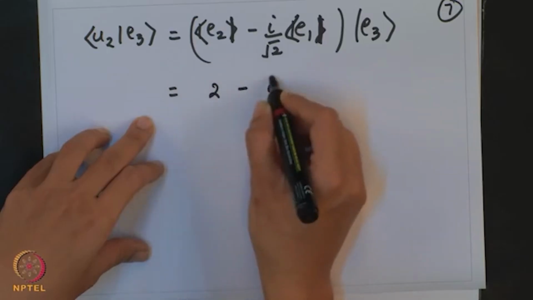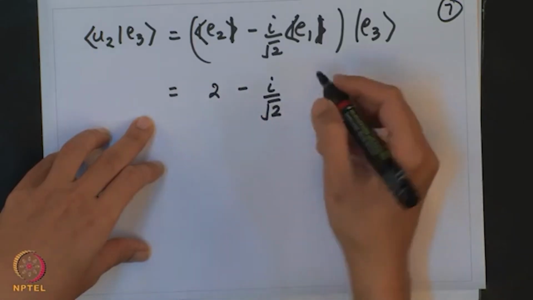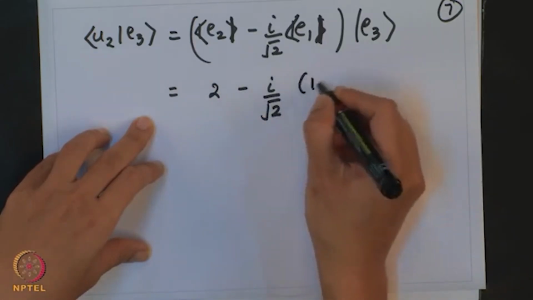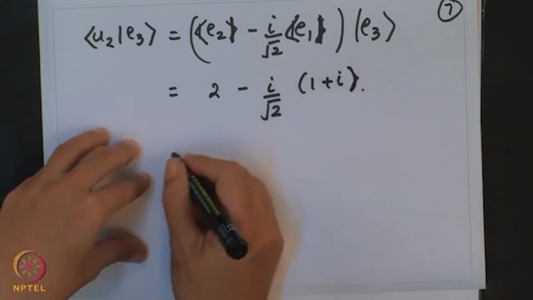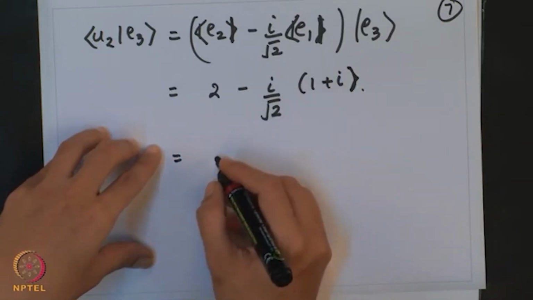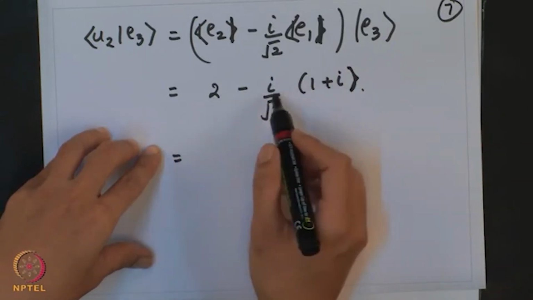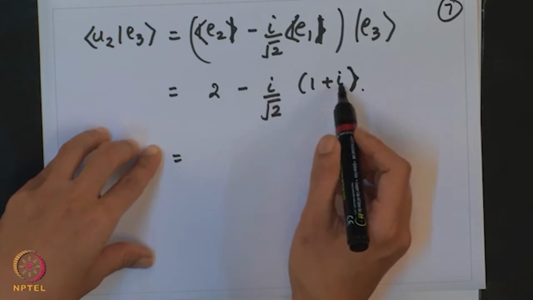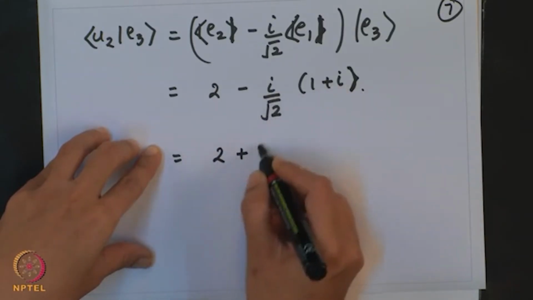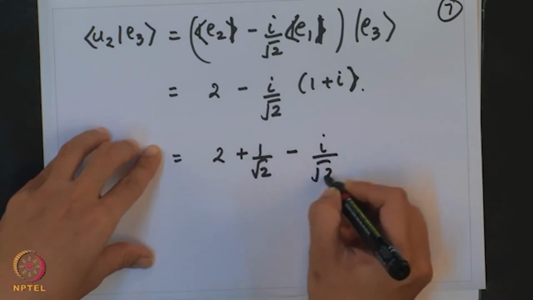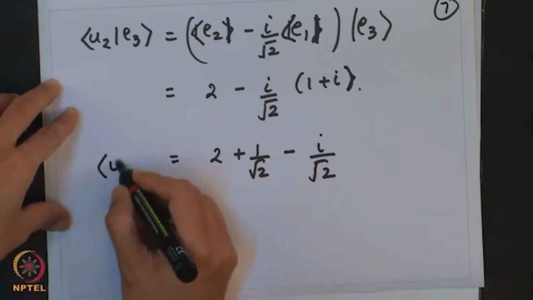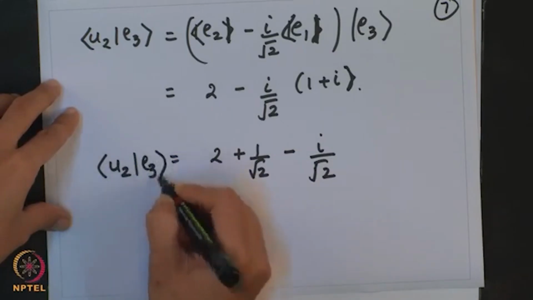So, 2 minus I by root 2, and E1 on E3 is 1 plus I. Okay. So, that is nothing but, this will be minus I, so this will be plus I. So, 2 plus 1 by root 2 minus I by root 2. So, this is my expression for U2 E3.